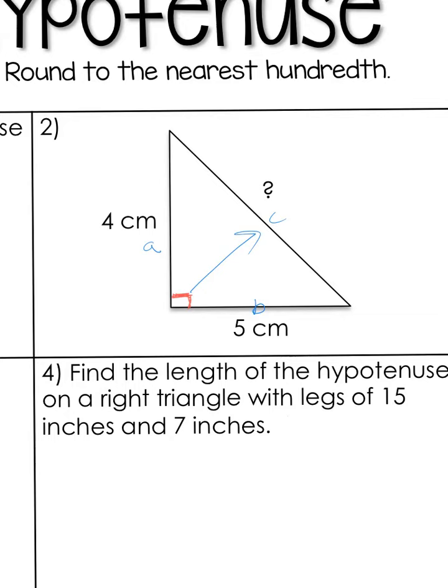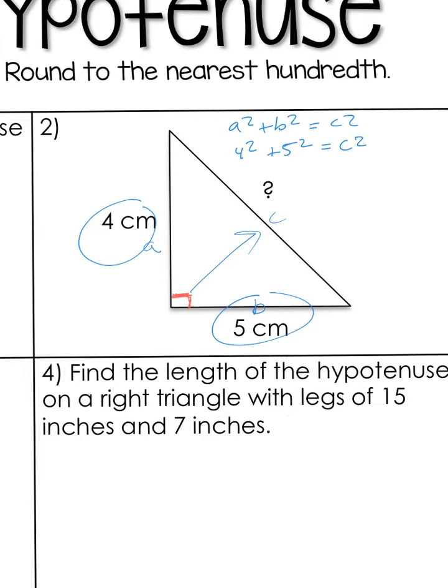And the Pythagorean theorem is a simple equation. It's a squared plus b squared is equal to c squared. So all you do is you take your sides. I'm going to take the a side, and I'm going to go 4 squared. And then I'm going to take the b side, which is 5, so plus 5 squared, is equal to c squared, which I don't know.